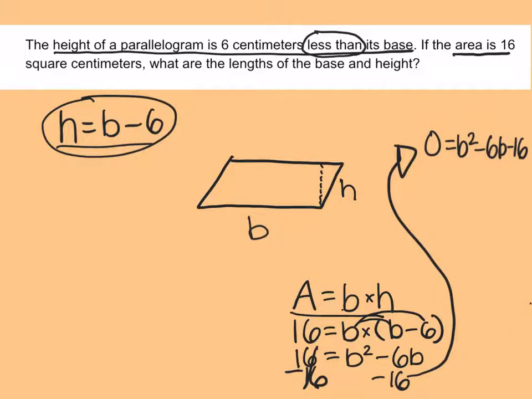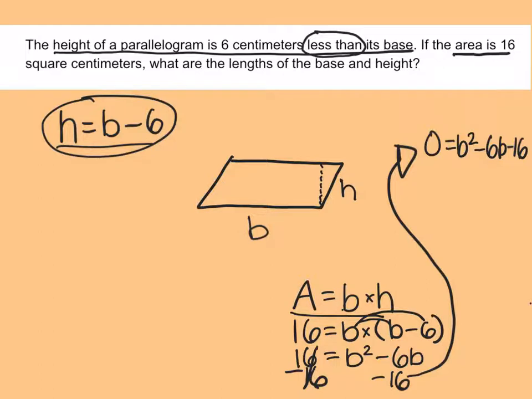Now that we have a variable squared, and it equals 0, we can go ahead and factor this to solve. There's not one term in common that can divide into all 3 terms. There's not one common factor. And there's not a number besides the invisible 1 next to the b squared.